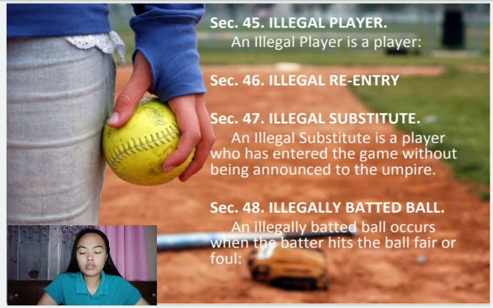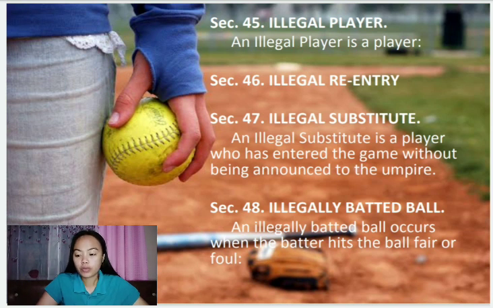So let's move to section 48, the illegal batted ball. Illegal batted ball occurs when the batter hits the ball fair or foul. So first is when the entire foot is completely out of the batter's box. And also, second, while any part of the batter's foot, pag ikaw ang batter, pag ang paa mo is touching the home plate, illegal batted ball yun.